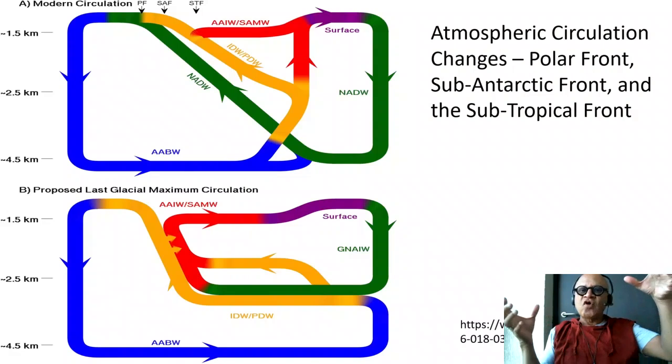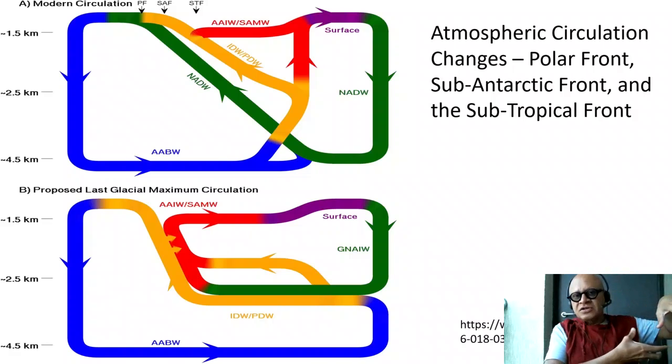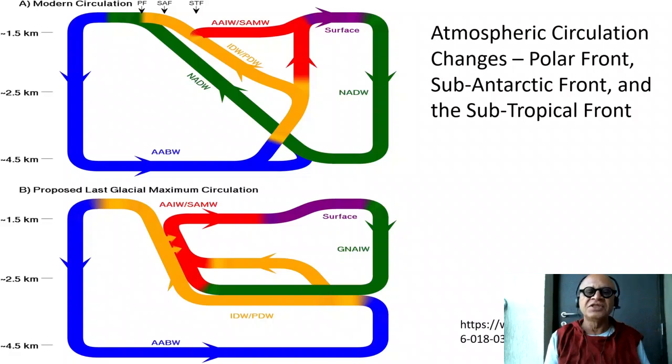Mode waters are formed at a particular density and they follow isopycnals in a certain range. They are called mode waters. So there are differences in the processes of formation and their exit away from the surface or the region where they are formed. So mode waters need not necessarily be formed at the surface.